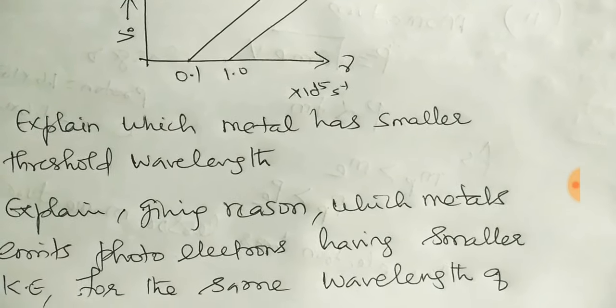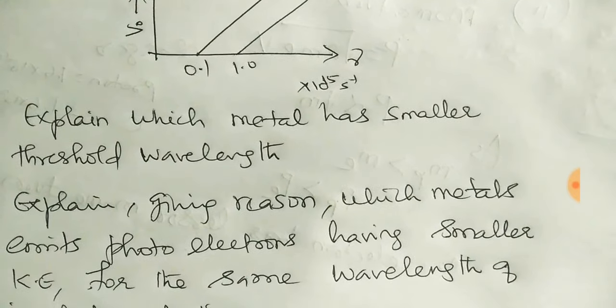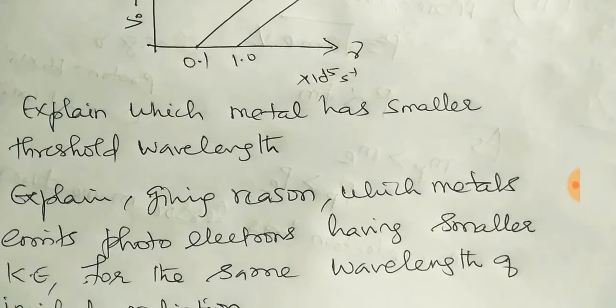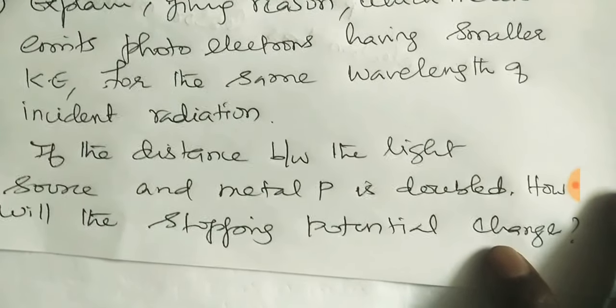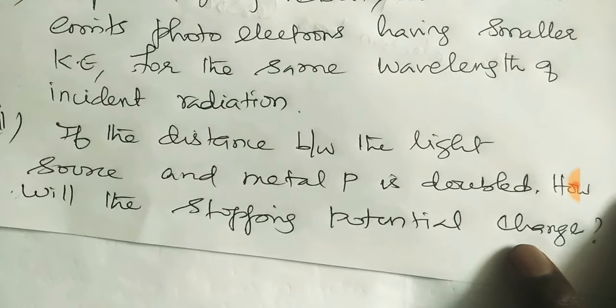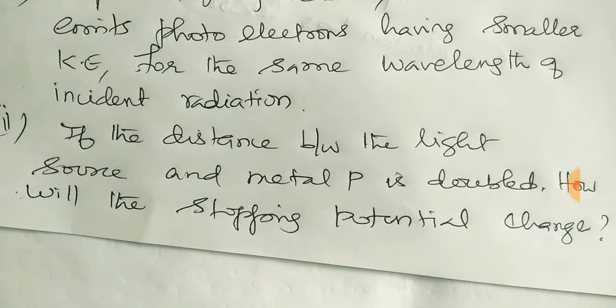Final subdivision: if the distance between the light source and the metal P is doubled, how will the stopping potential change? Okay, let us go to the solution.